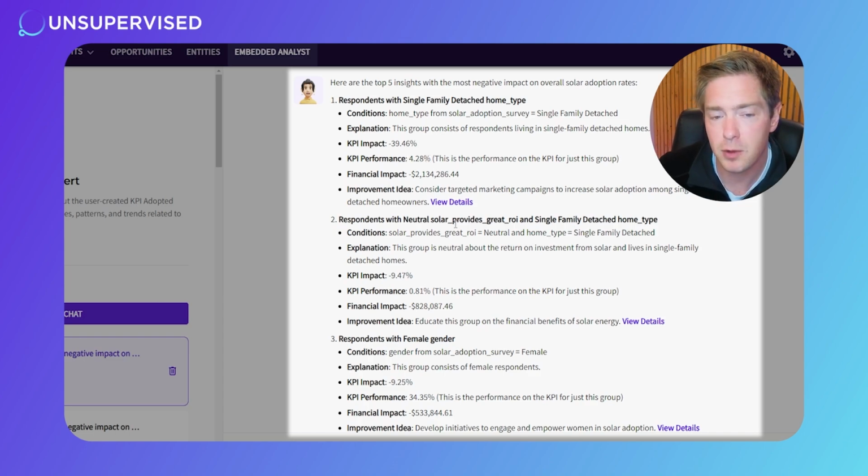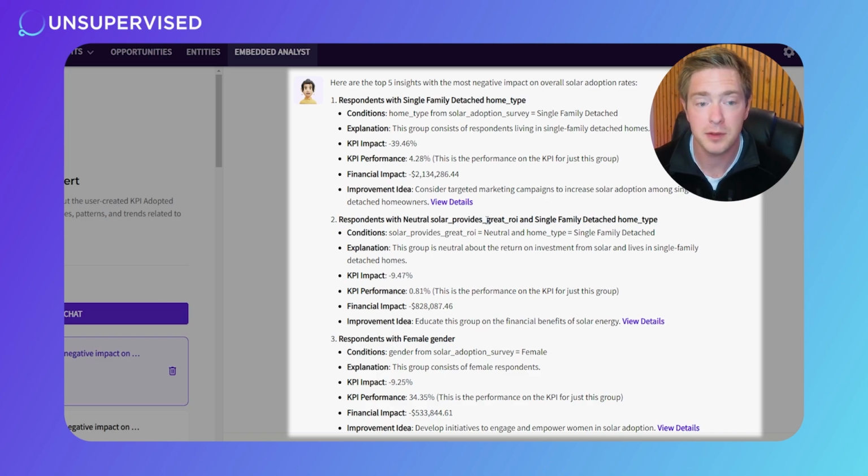But then this second one here, even more specifically, those living in a single-family home that are not convinced solar provides great ROI. And so that's a great pattern that I might want to key in on and see if I were to persuade these customers that solar provides a great ROI, could I increase their solar adoption rates?